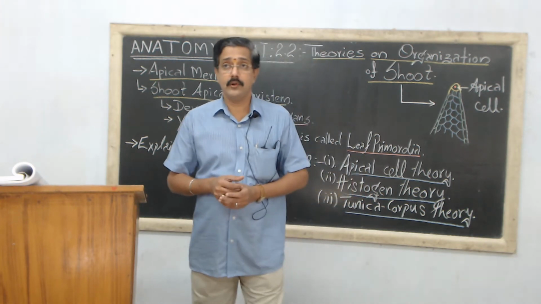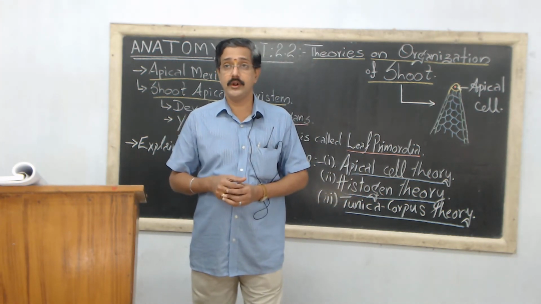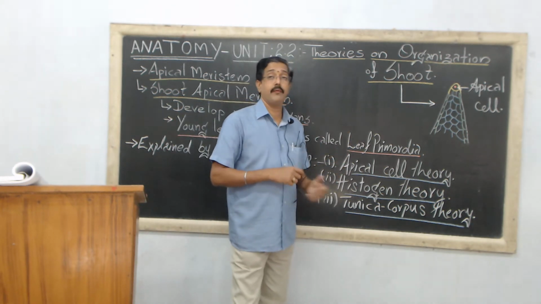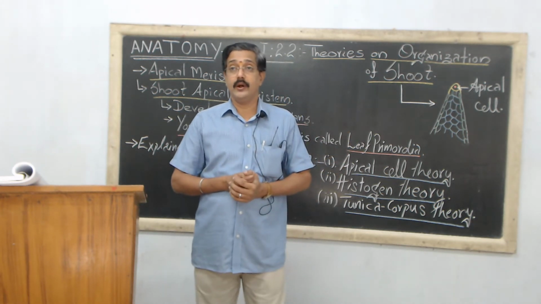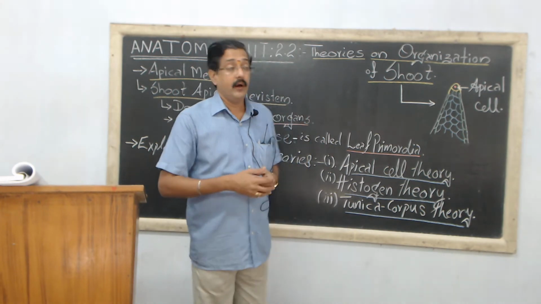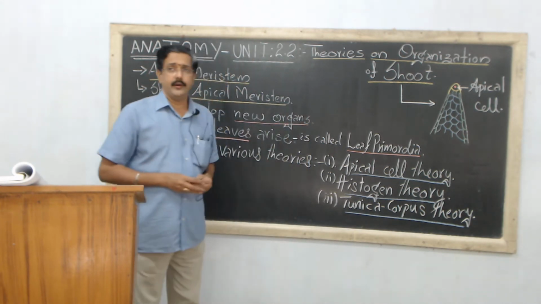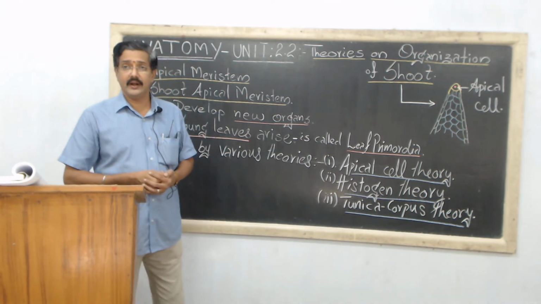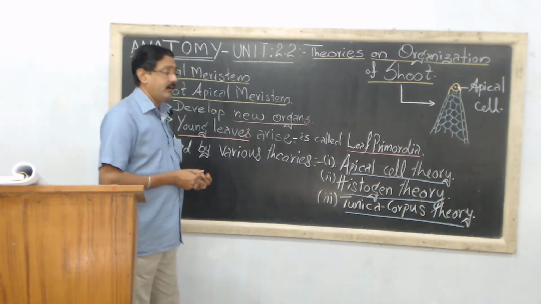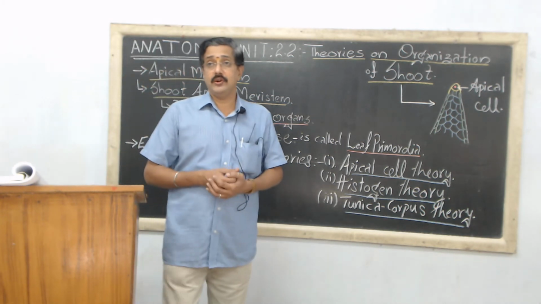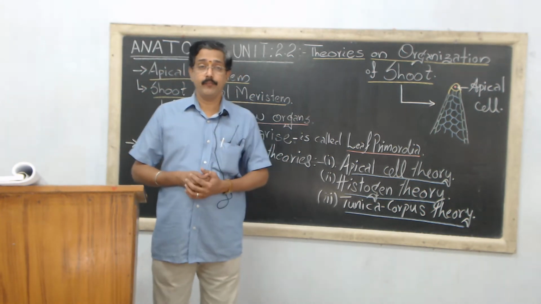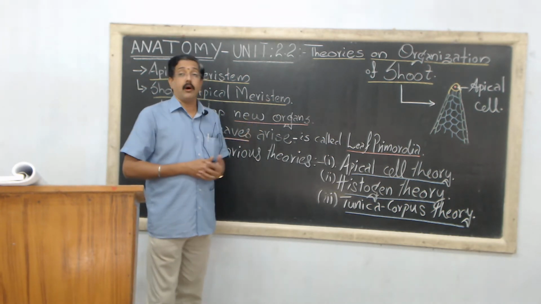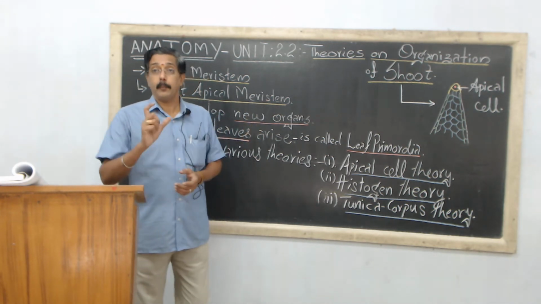The schools of thought derive how the organization and the differentiation of the shoot system with different organs is developed, and numerous theories were proposed by botanists, and ultimately three theories are accepted and followed to explain the organization of shoot system in plants.